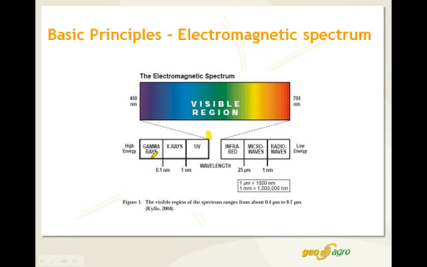According to that length of wave, we have a different classification of those waves. In the visible region, we'll have a narrow range. This is measured, I think, in nanometers. You have the visible region.